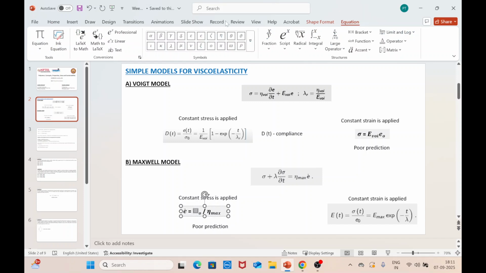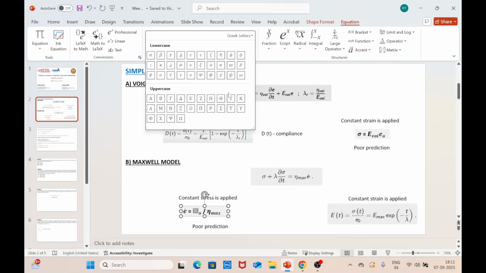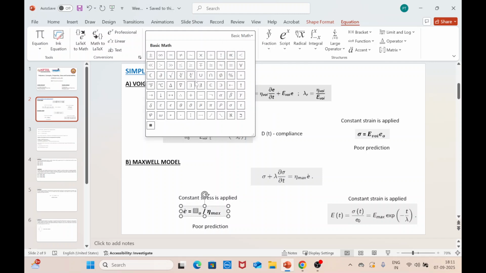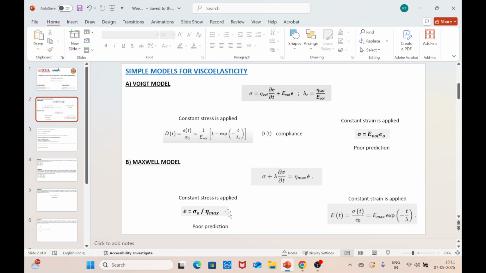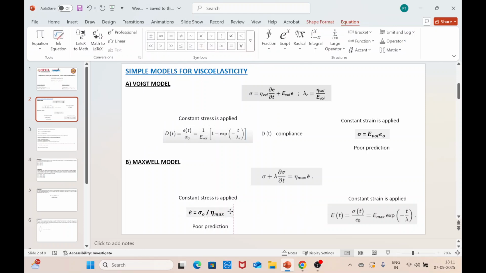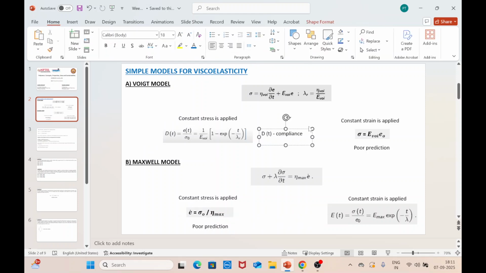I think now it will be fine. So D of t is nothing but the compliance. That is nothing but strain as a function of time divided by the constant stress.